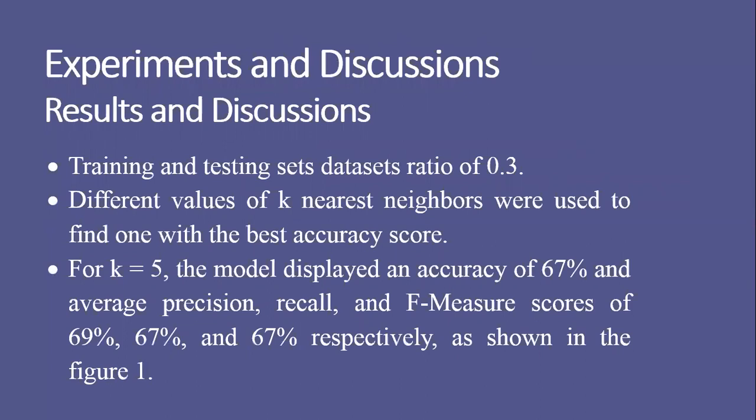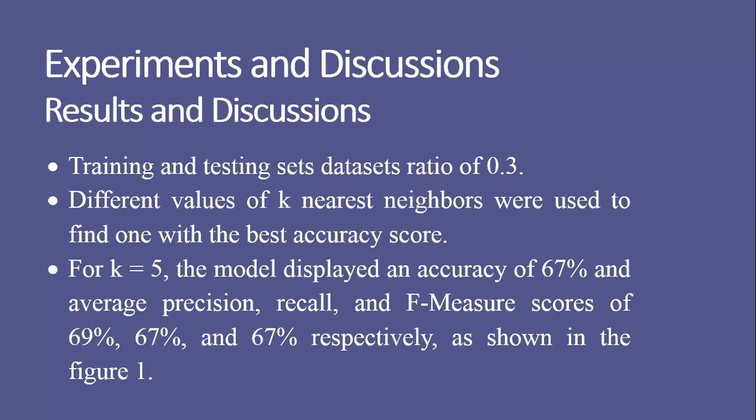In the experiments conducted, the dataset was first split into the training and the testing sets using a ratio of 0.3. Different values of K, nearest neighbors, were tested to find the one with the highest accuracy score.